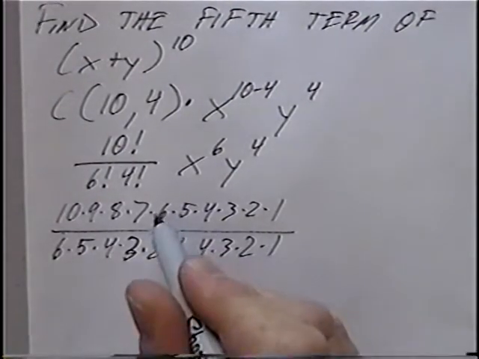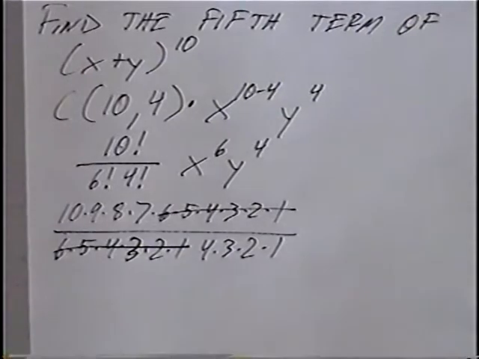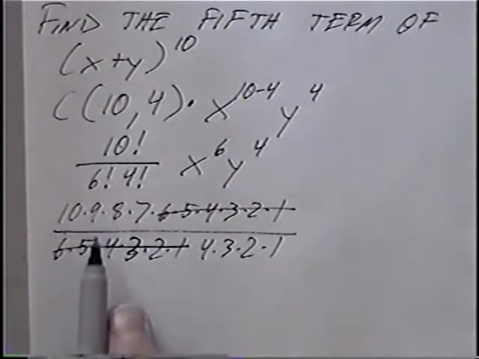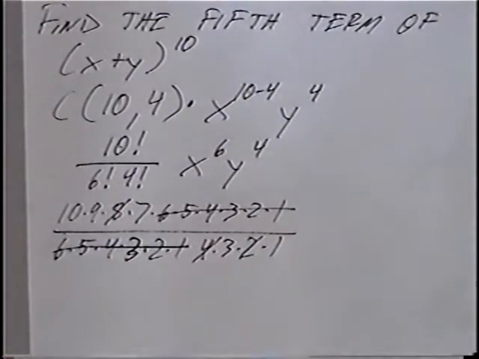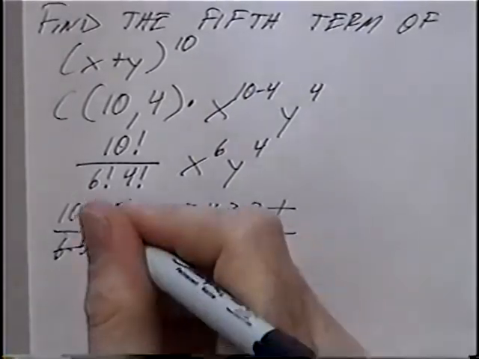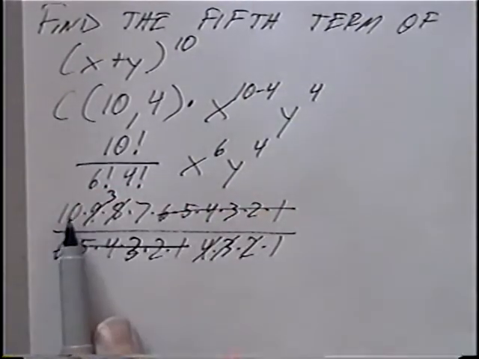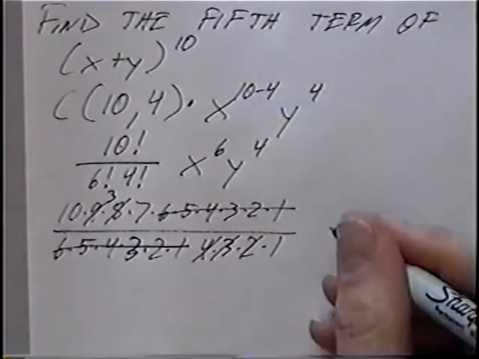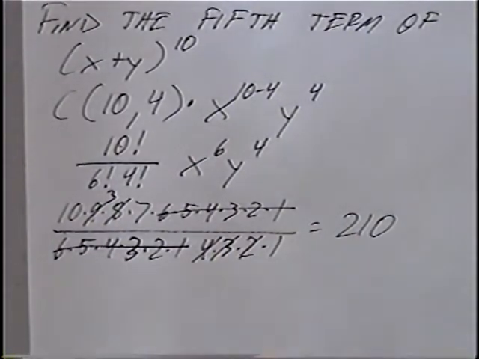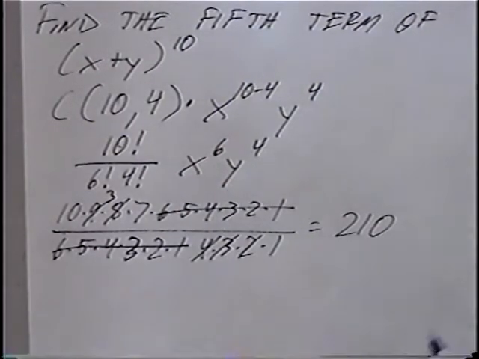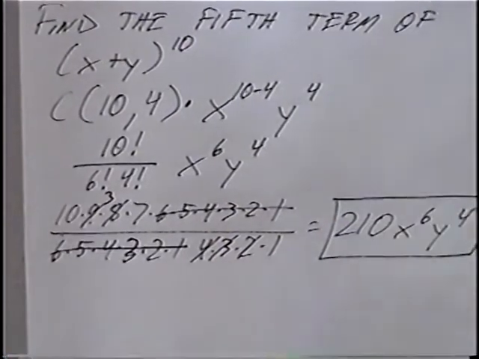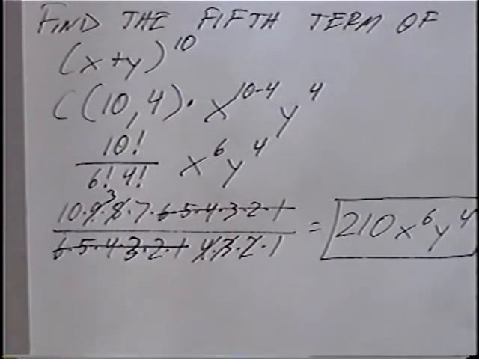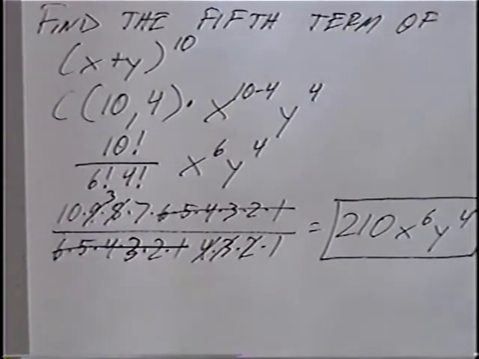Solving this, the 6 through 1 we can cancel in the numerator and denominator. We can also cancel the 8. 4 times 2 would be 8, and that would cancel the 8. And the 3 we can divide into the 9. So the numerator will be left with 10 times 3 times 7, which would be 210. Bringing our exponents down, x to the 6th, y to the 4th, we would have our answer of the fifth term of the expansion x plus y to the 10th power. The fifth term would be 210 x to the 6th y to the 4th.